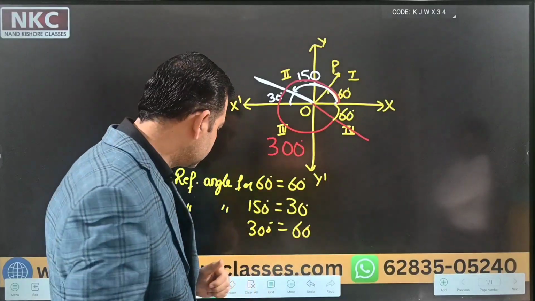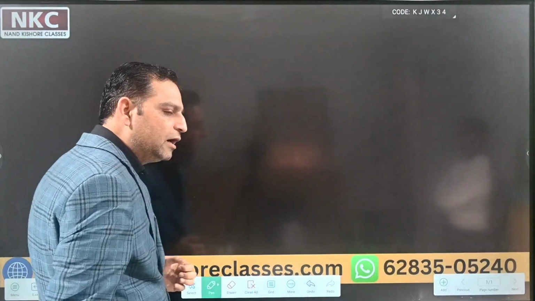So I hope reference angle is clear. After that, there are a few standard angles: 0 degree, 30 degree, 45 degree, 60 degree, 90 degree, right? This trigonometric table of values, everybody should learn it or remember it. We have already done that.